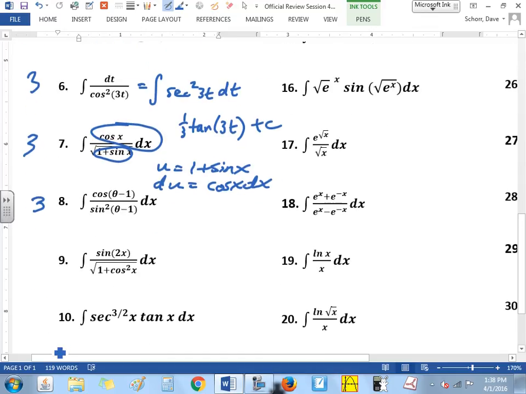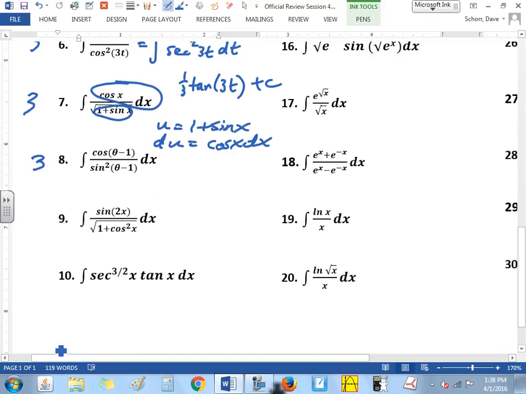Number 9 doesn't really look like a u sub, but if you let this be your u, watch this. 1 plus cos squared x. The du is 0 plus 2 times cos x times negative sine x. So the du turns out to be negative 2 cos x sine x dx.